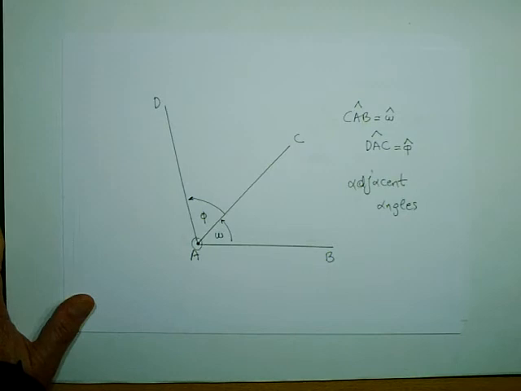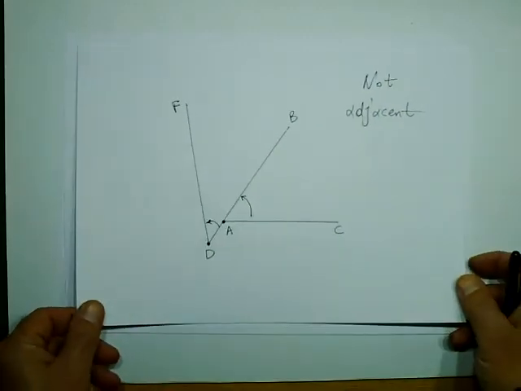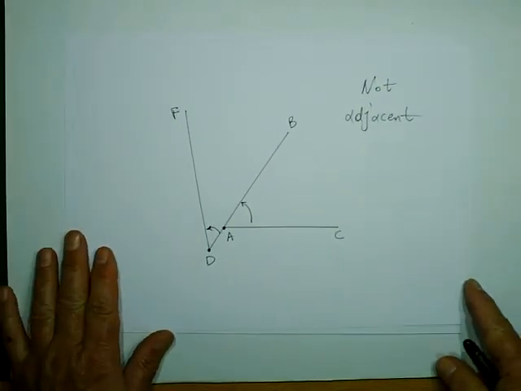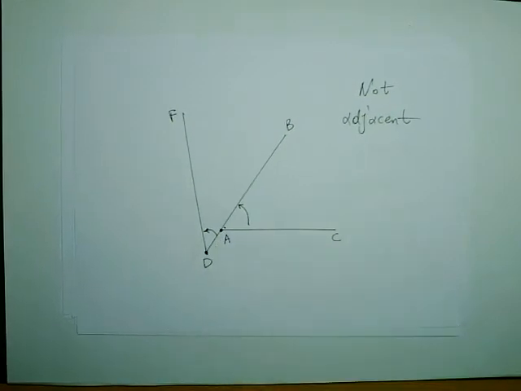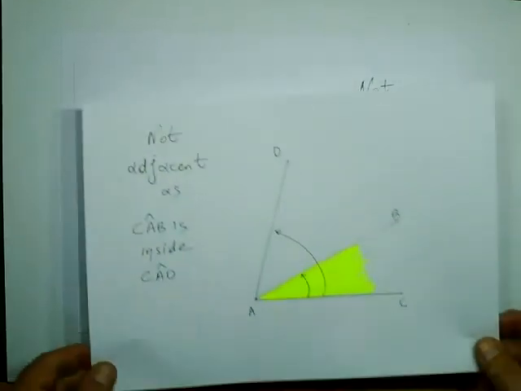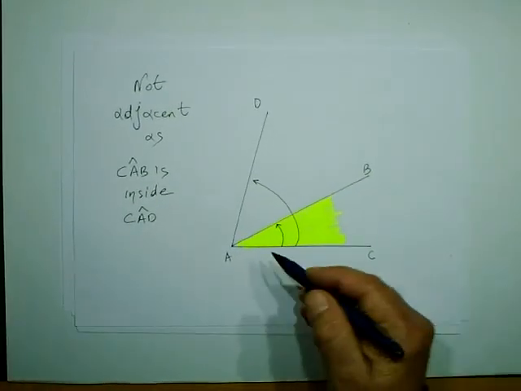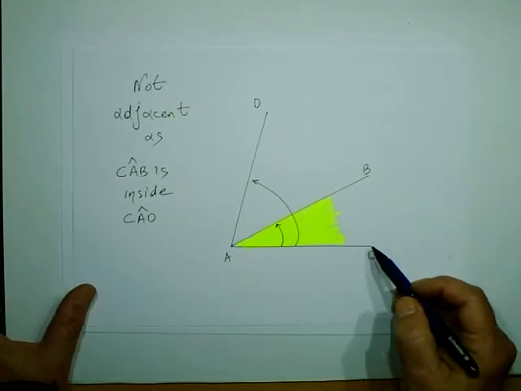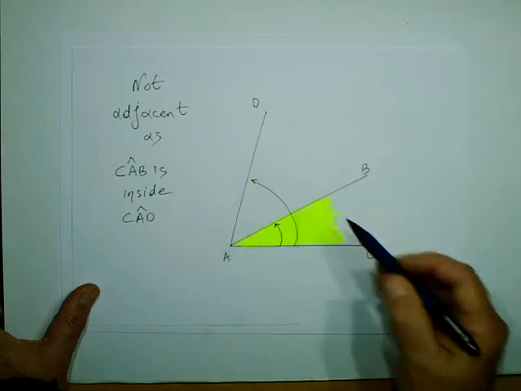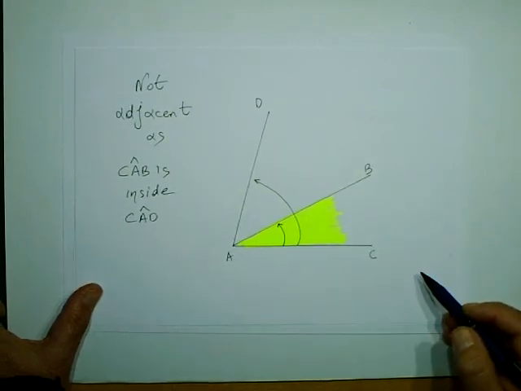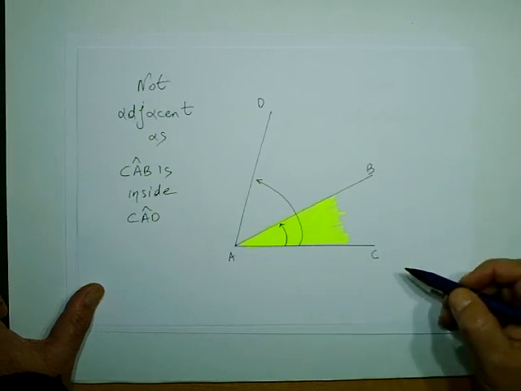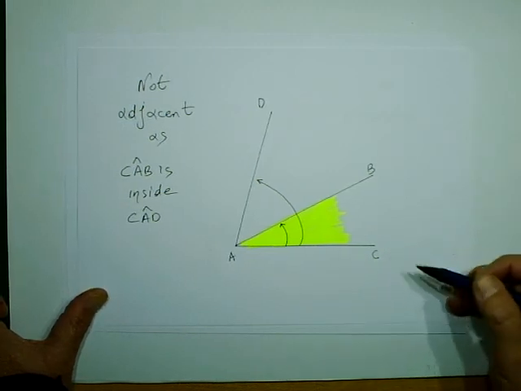You must be careful here because these two angles are not adjacent as they do not have a common vertex. Also, these two angles are not adjacent, I mean CAB and CAD, because CAB is inside CAD. They must not be one inside the other.